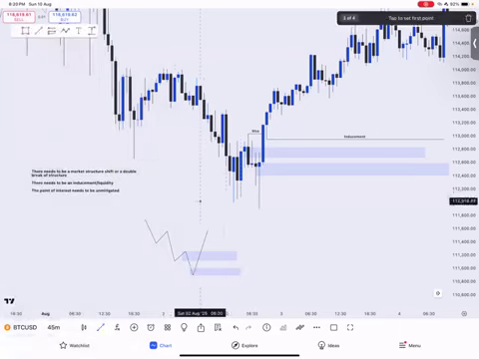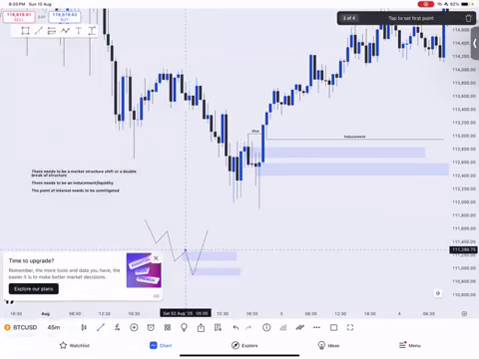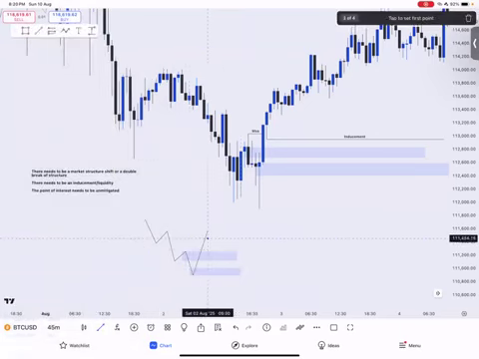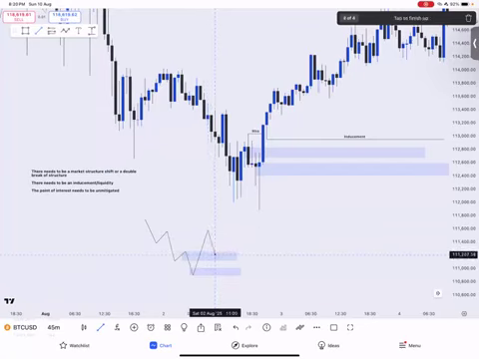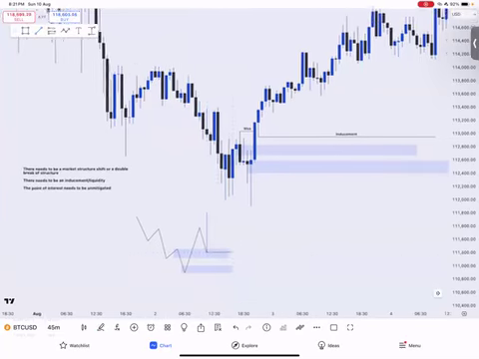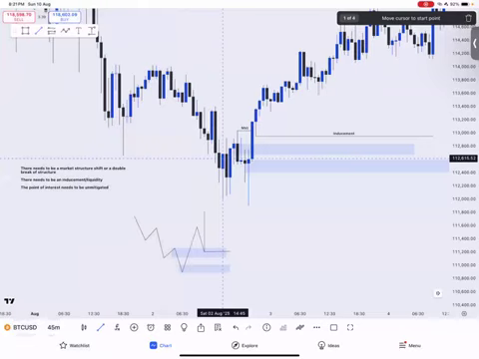Now, mitigation means after price gave us this market structure shift, during the process of inducement being created, price comes down and touches any point of interest before pushing back up. This zone, this particular POI that price touched, has now been mitigated. So it means that any point of interest the market touches during the inducement creation process has been mitigated.